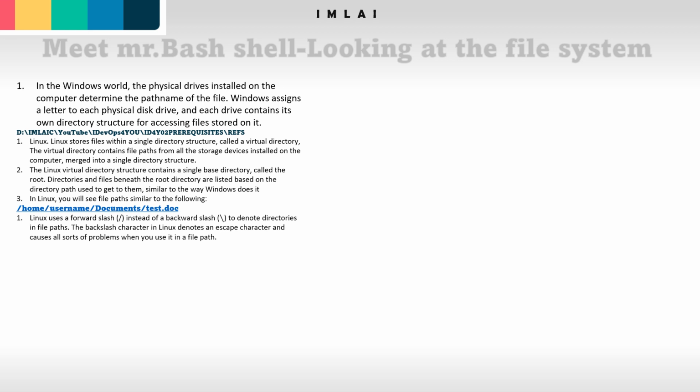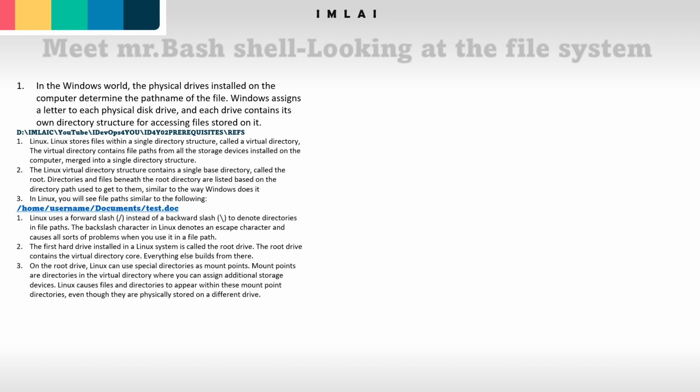On the root drive, Linux can use special directories as mount points. Mount points are directories in the virtual directory where you can assign additional storage devices. Linux causes files and directories to appear within these mount point directories even though they are physically stored on a different drive.